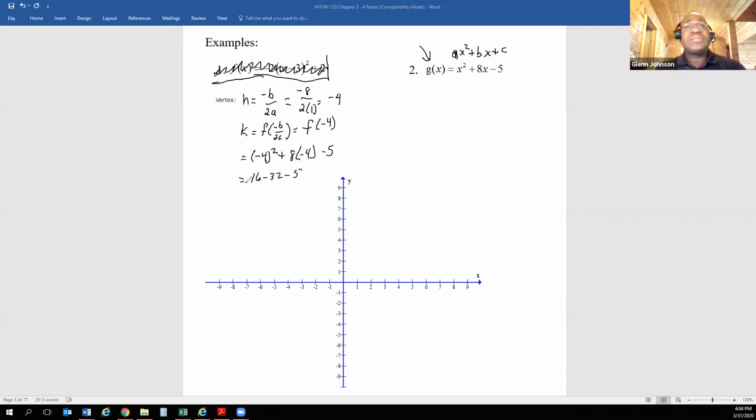And so this is going to give us negative 16 minus 5, which is equal to negative 21. All right, so our vertex here will have coordinates negative 4 and negative 21.